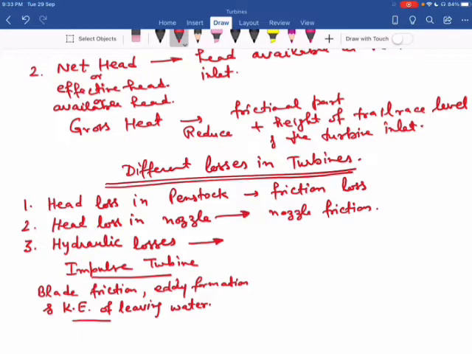Okay. Now, in case of reaction turbines, apart from all these losses, there is one more loss that is due to friction in the draft tube.